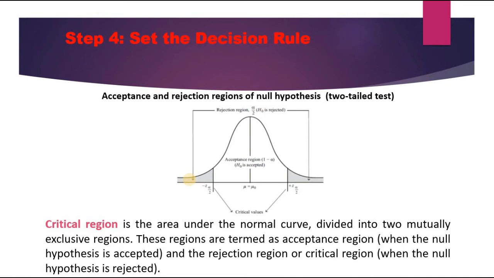If I'm testing a hypothesis and my calculated Z value falls within the rejection region, either on the right side or on the left side, my null hypothesis gets rejected. If it is within the acceptance region, it is accepted. This is how the two-tailed test works, and this is how I set my decision rule. The decision rule is where I put my critical values; these are my cutoff boundaries.